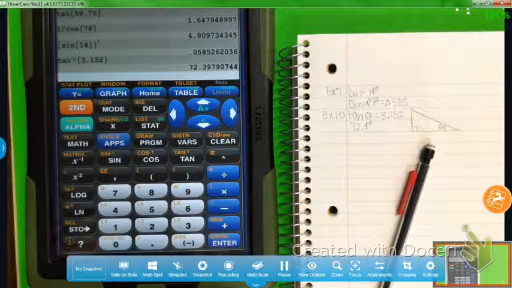All right, so what do you do if it's a reciprocal function? If it's a sine, cosine, or tangent, you just have to make sure you hit this key first. But if it's a reciprocal function, like example 12, that says secant of angle B is 1.0768.